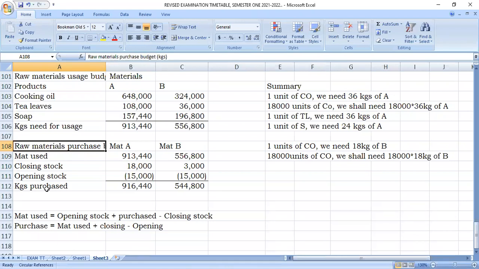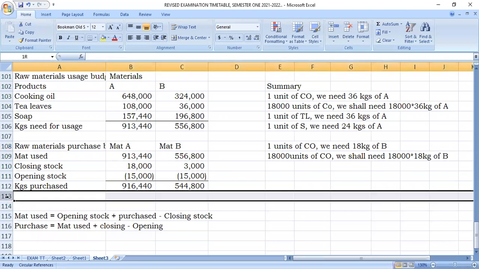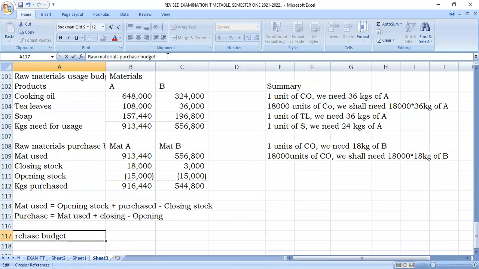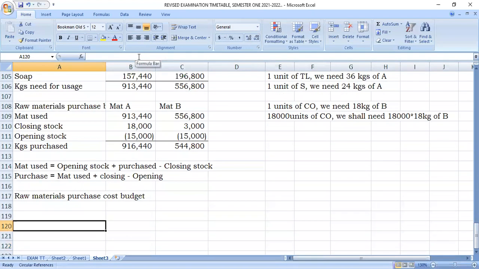If they ask for cost, what you do is, in this case we're saying cost, not kgs but cost. So you want to find a way of presenting your information in terms of cost.